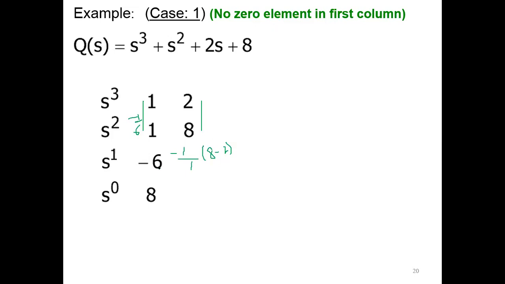So this minus 6 was obtained from here, and 8 is obtained by dividing this minus 1 over minus 6, 1 minus 6 and 8 0. So plus 48 will be divided with 6 will be equal to 8.